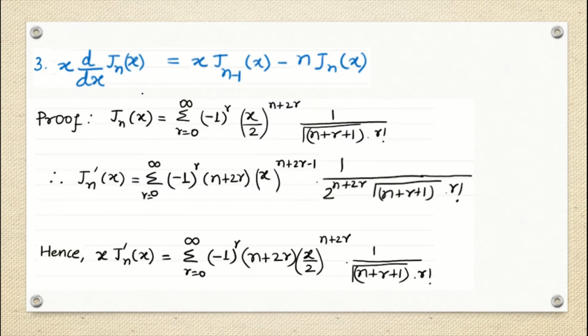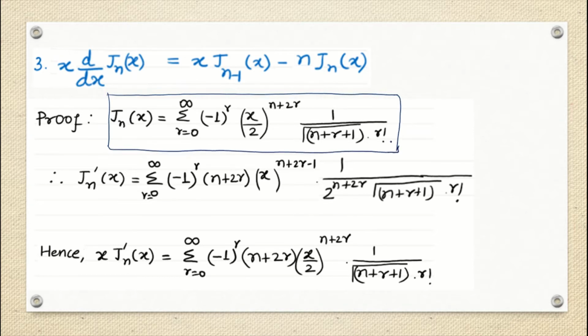Like we saw in the previous lecture, first we have to memorize the series answer of J_n(x) as the formula. This Bessel function in series form is the sum over r from 0 to infinity of (-1)^r (x/2)^{n+2r} times 1 by gamma(n+r+1) into factorial r.